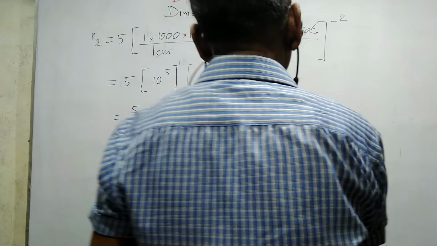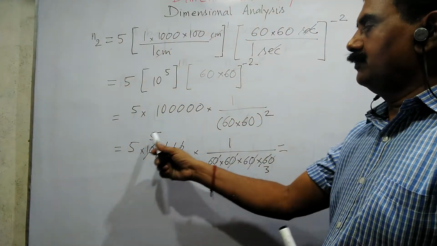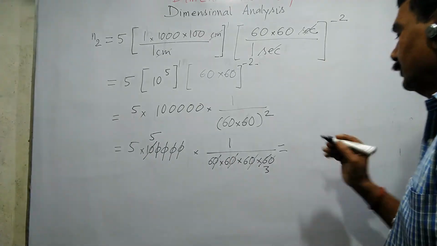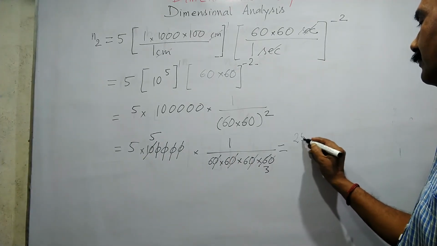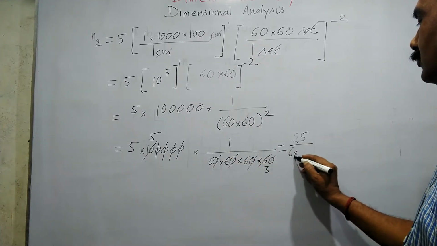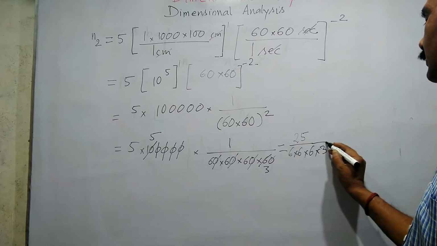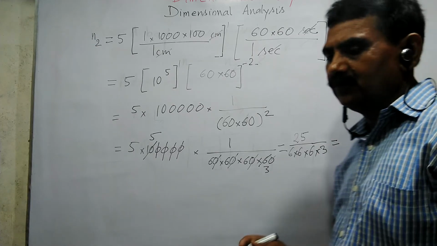Now what is left in the numerator is only 5 into 5 into 1, that is 25, and in the denominator 6 into 6 into 6 into 6. Now calculate this value.